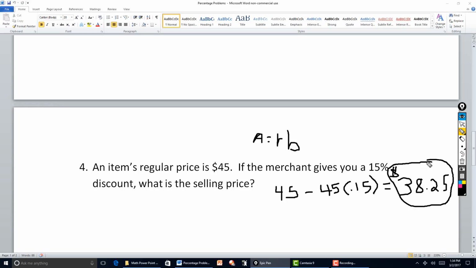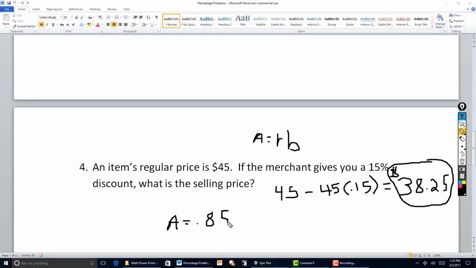Now, another way to set this up is to say, okay, if they give you a 15% discount on the 45, then that means you actually paid 85% of that. You take away the 15%, so you actually wind up with 85%. So you can say then the amount A, and we could use 85%.